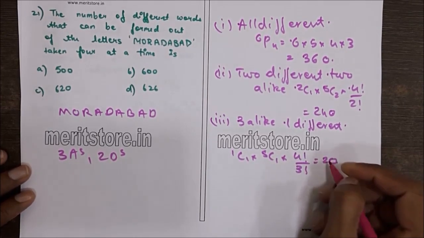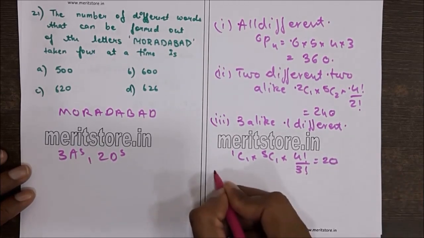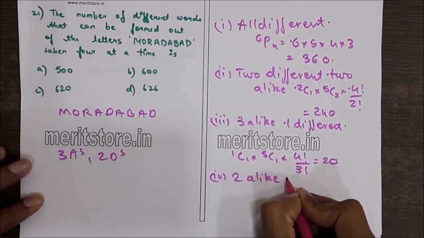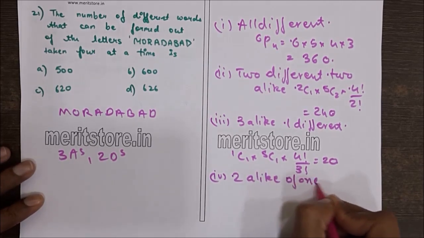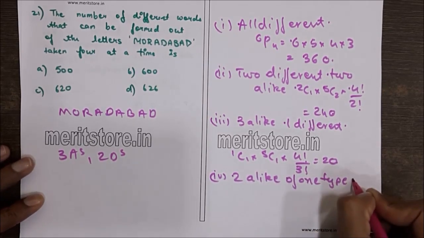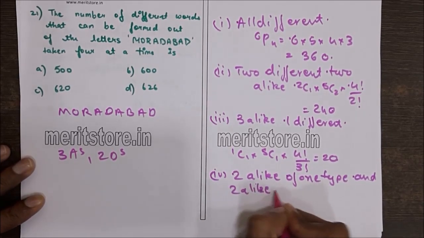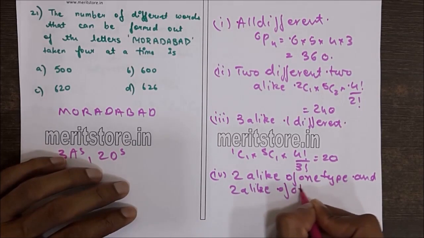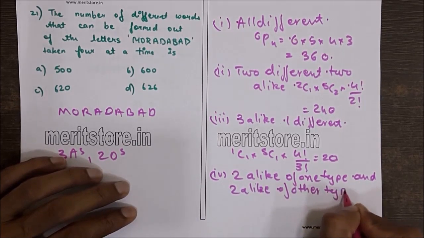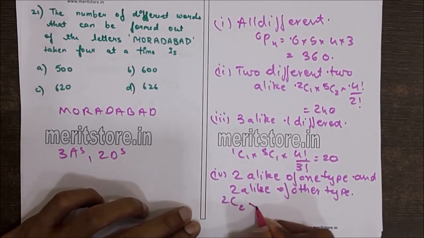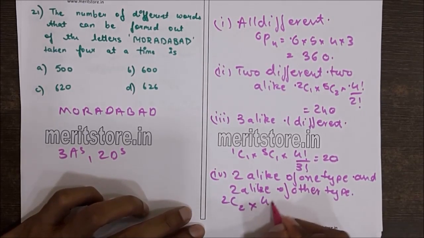For the fourth one, 2 alike of one type and 2 alike of another type can be written as 2C2 into 4 factorial upon 2 factorial into 2 factorial, which is equal to 6.